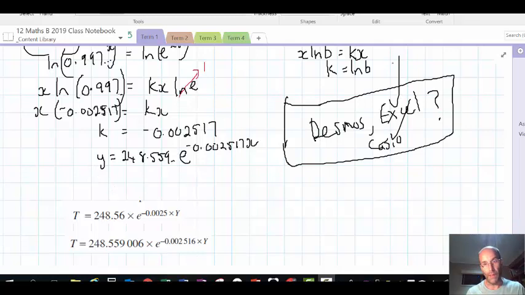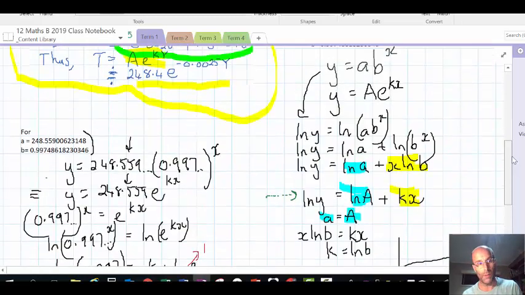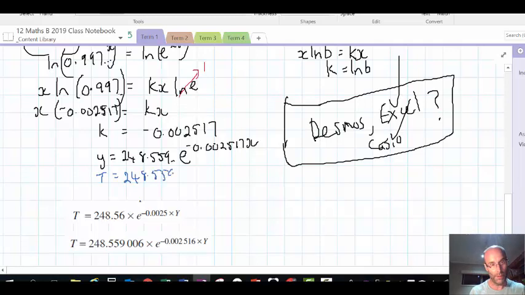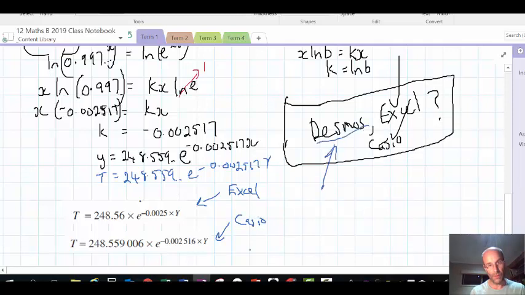Now, to be accurate, remember we had the variables, it was t and y, so capital T and capital Y. So to be correct, T equals 248.559, etc. e to the negative 0.002517 capital Y, and I just nicked that without you knowing, and that's from an Excel screen dump, and that's from Casio. I still haven't checked that, but Desmos is such a good thing that it's probably good.